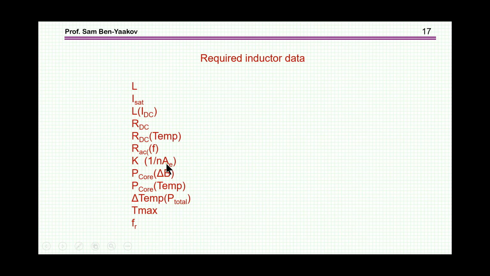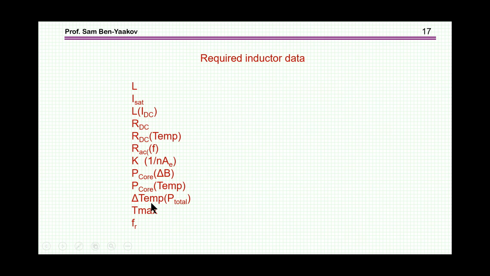We need this K, which is the parameter that allows us to go from delta I to delta B. So we can calculate, we need the curves relating delta B to the core loss, and then we need to know how this depends on temperature.